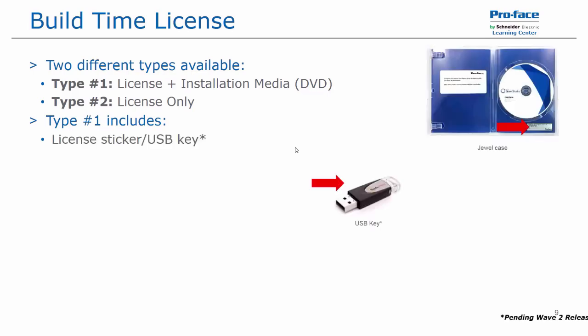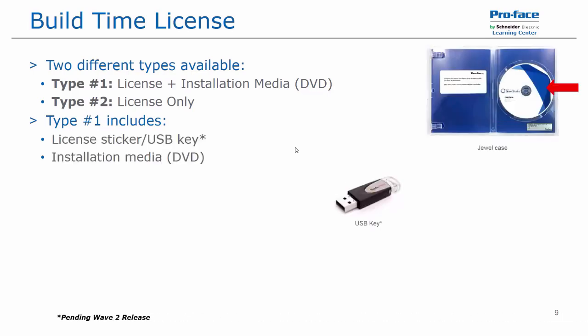Similar to the runtime licensing, the build time licenses have 2 different types available. The first is the license and installation media, which is currently a DVD, and the second is the license only. Type 1 includes the license sticker and USB key when they become available, the installation media, which is currently a DVD, a registration URL to register the software.